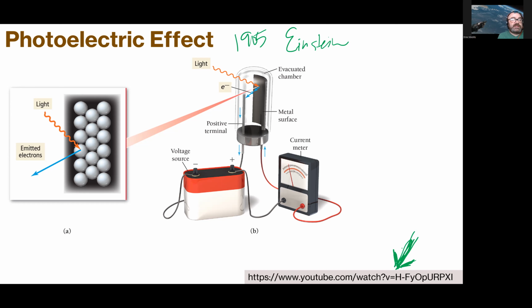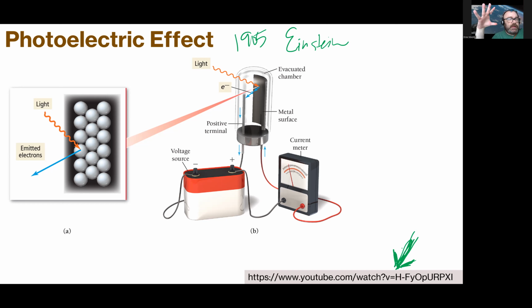The number of electrons that are ejected is not related to the energy of the light that you give it, but it's related to the amount of light, the intensity of the light. So as long as you have the threshold frequency, if you make the same frequency and shine it brighter and brighter, you're going to get more and more electrons ejected off. And all of this was perplexing.